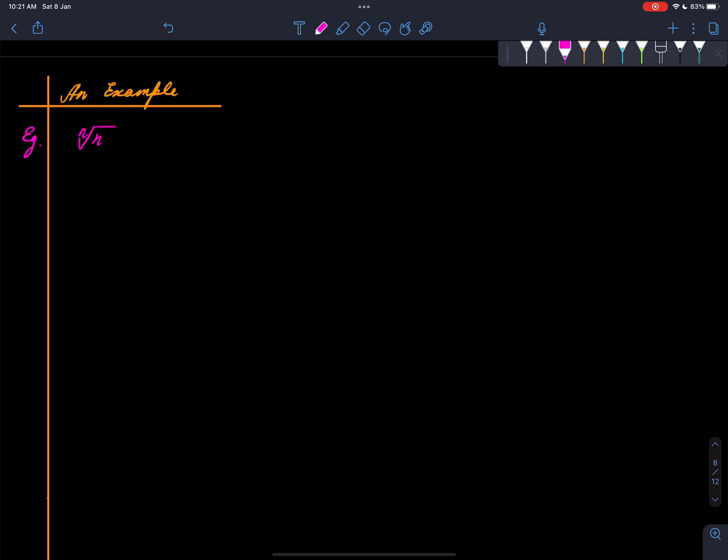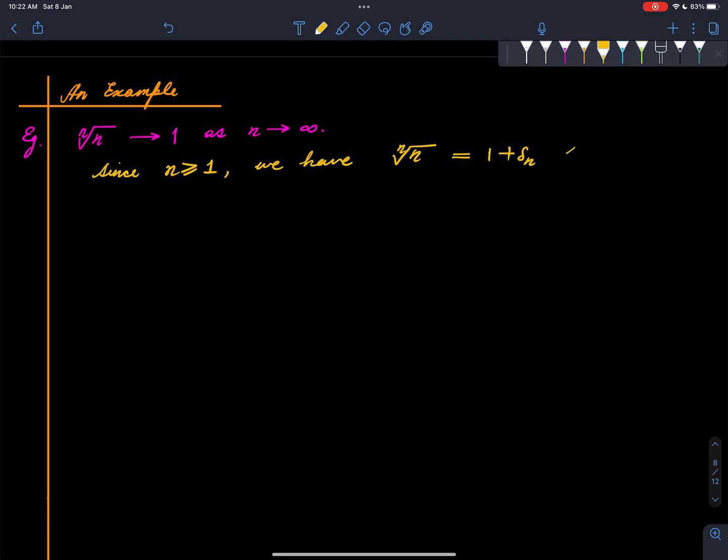So we claim that this thing converges to 1 as n approaches infinity. This is the claim that we'll prove. So here is the proof. Since n is greater than or equal to 1, we have this guy is equal to 1 plus delta_n for some delta_n greater than 0.